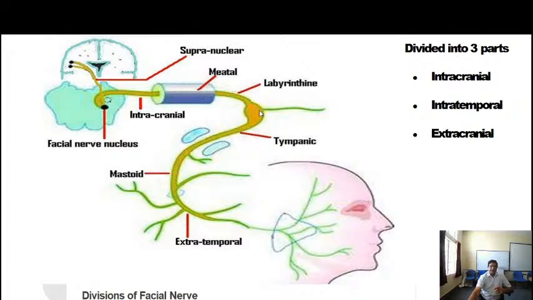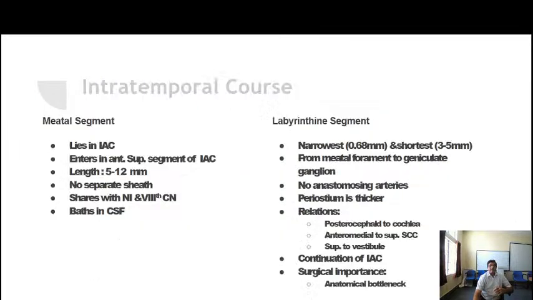There is no synapse here, it just continues, carrying parasympathetic fibers. Then at the geniculate ganglion it becomes the tympanic part, the horizontal part, on the medial wall of the middle ear cavity.